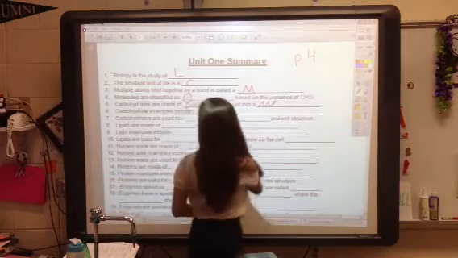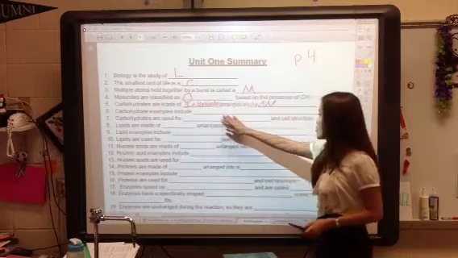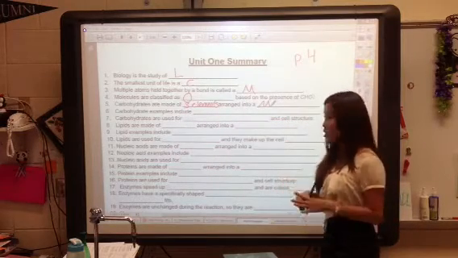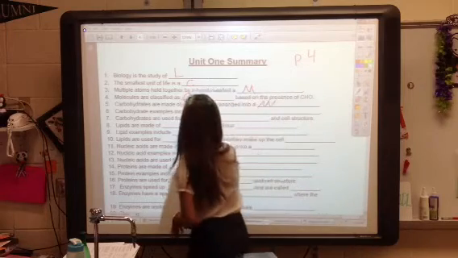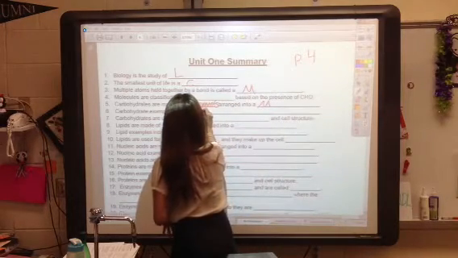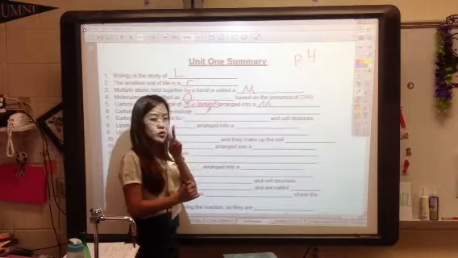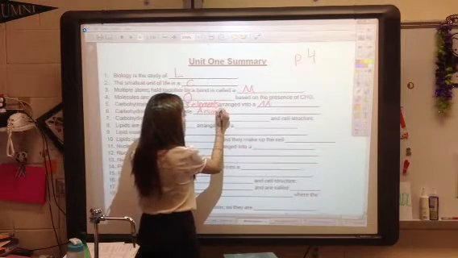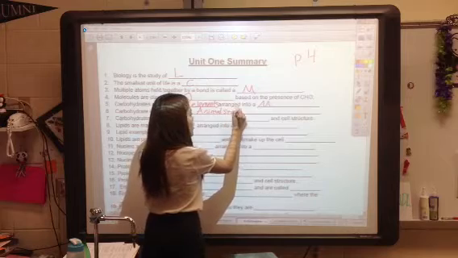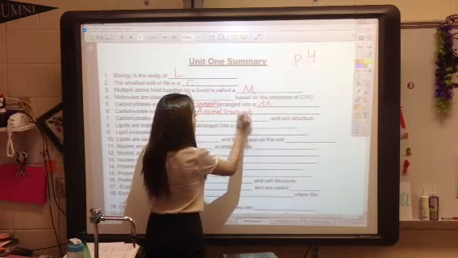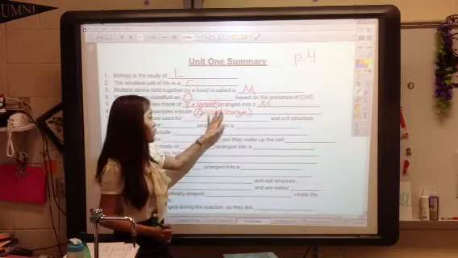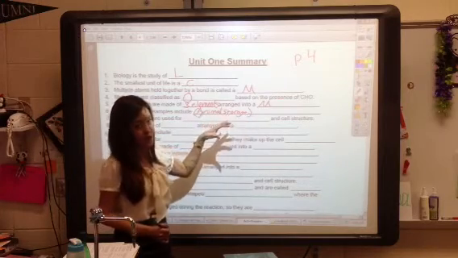Number 6, carbohydrate examples include blank, blank. There were several that we talked about. I'm going to write in what they were used for. There were 2 that were for storage. There was one for animal storage. You want to maybe write in both of these, what I'm writing and the actual word as well.